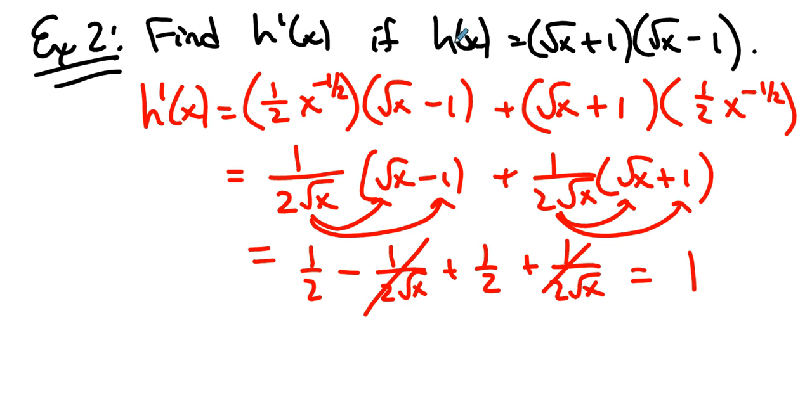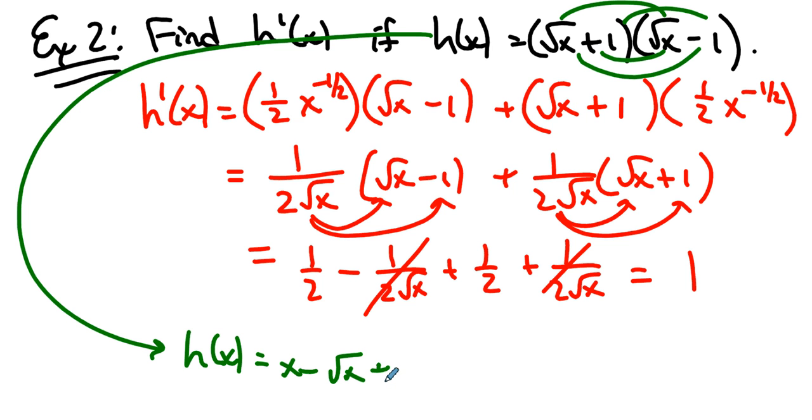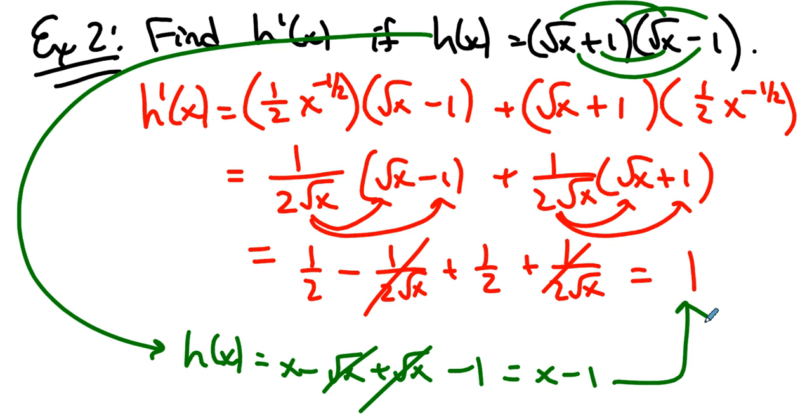Not at all, because the original function, if we were to expand the brackets, is x minus radical x plus radical x minus 1, right? The original function is x minus 1, whose derivative is definitely 1.